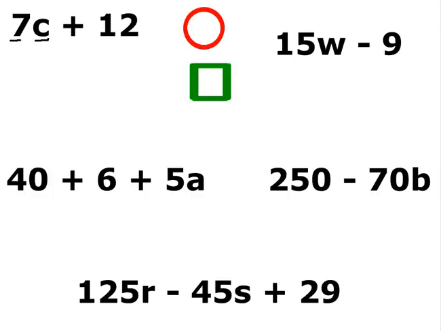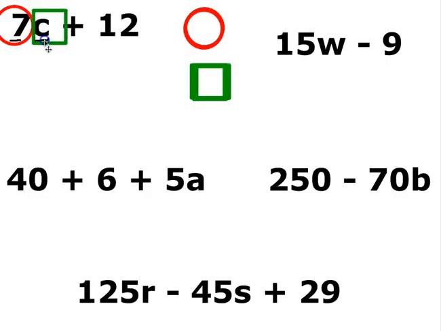So what I want you to do now, take 4 minutes, write down the expressions that you see here, and then you're going to put a circle around the coefficient, and you are going to put a square around the variable.